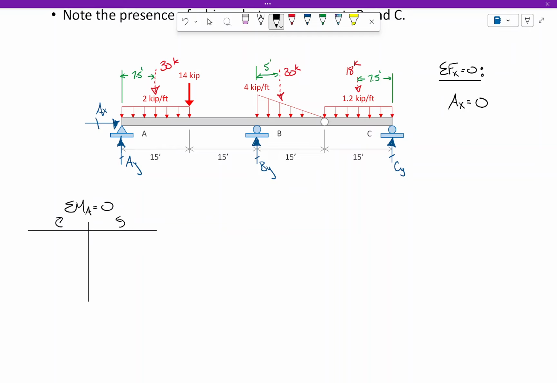So do we have to consider AX or AY? No. All right, so how many forces are going down? 1, 2, 3, 4. They're all generating moment this way, right? So we've got 30 times 7.5.